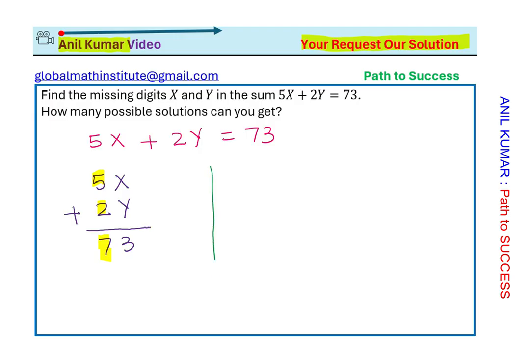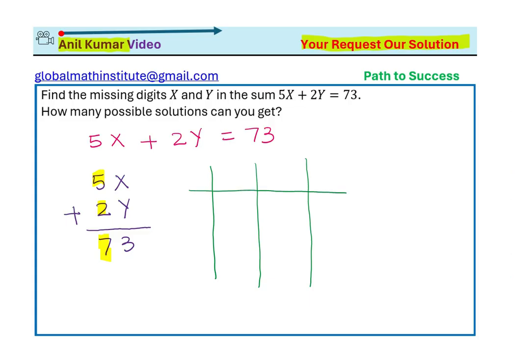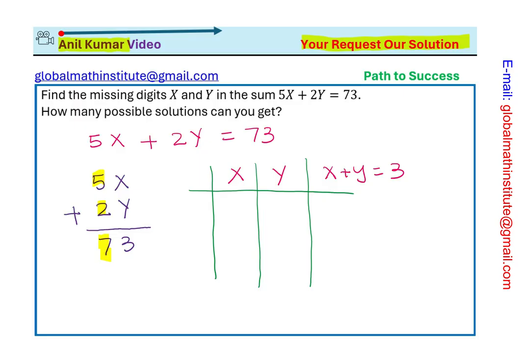So what we can do here is that we can take some values of x and y, correct? And then check what values could give us 3. So let me write in this table x values and y values, and we want x plus y equals 3. That is how we are going to get all our options.